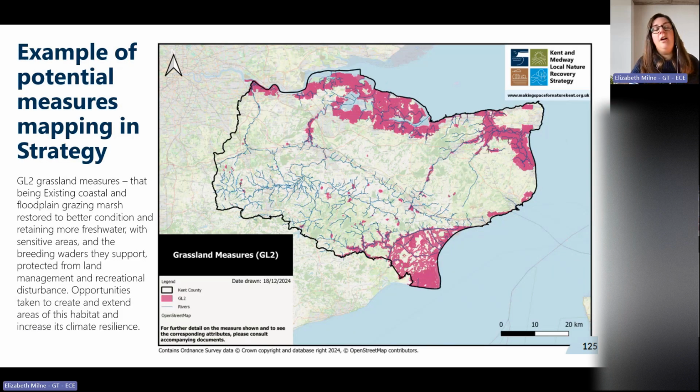Within the strategy document, only grouped measures per priority are presented. So here's an example of all the potential measures that have been identified for the priority of coastal and floodplain grazing marsh. The reason we've done that is because at an individual level, the maps don't tell you incredibly much at that very high level, but this just indicates the opportunity generally for coastal and floodplain grazing marsh in the county.